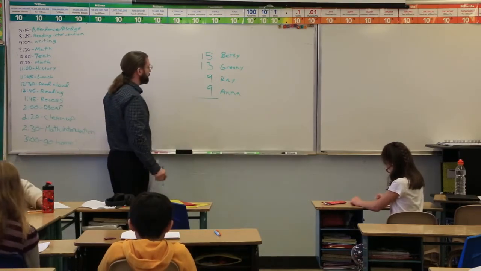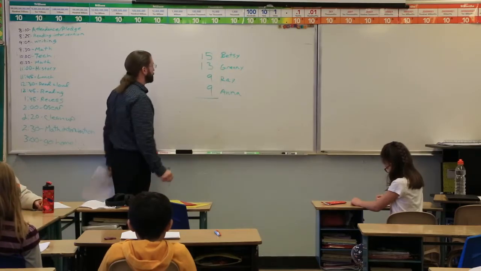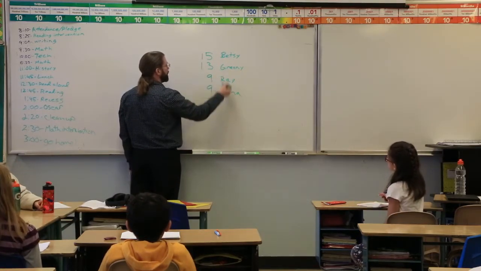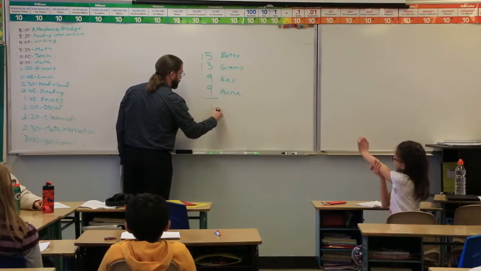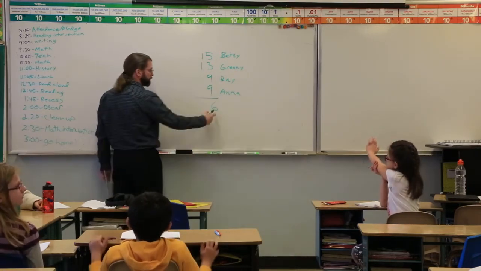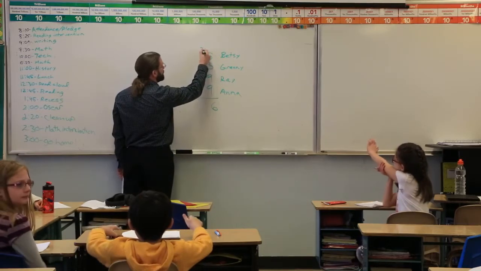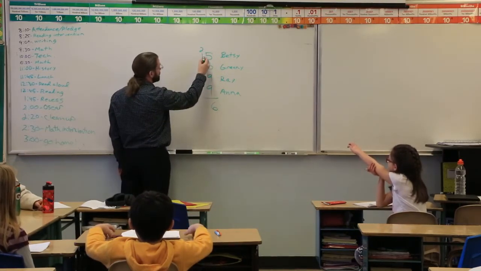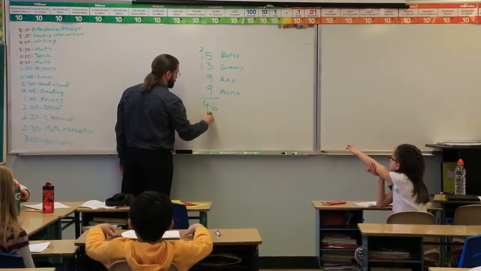Then you add the prices together. 9 and 9 is 18, plus 3 is 21, plus 5 is 26. We can't put 20s in the 1s column, so we only put the 6. We bring the 2 10s to the top of the 10s column. 2 10s plus 1 10 plus 1 10 is 4 10s.